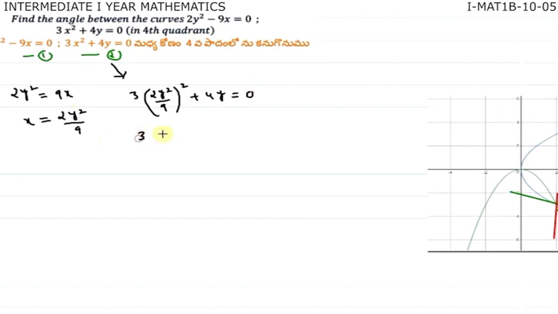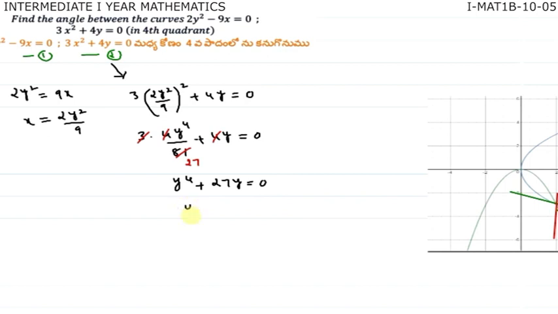On simplification, I will get 3 into 4y power 4 divided by 81 plus 4y is equal to 0. I can cancel this 4. 3 into 9 is 27. Multiply both sides with 27. From that I will get y power 4 plus 27y is equal to 0.